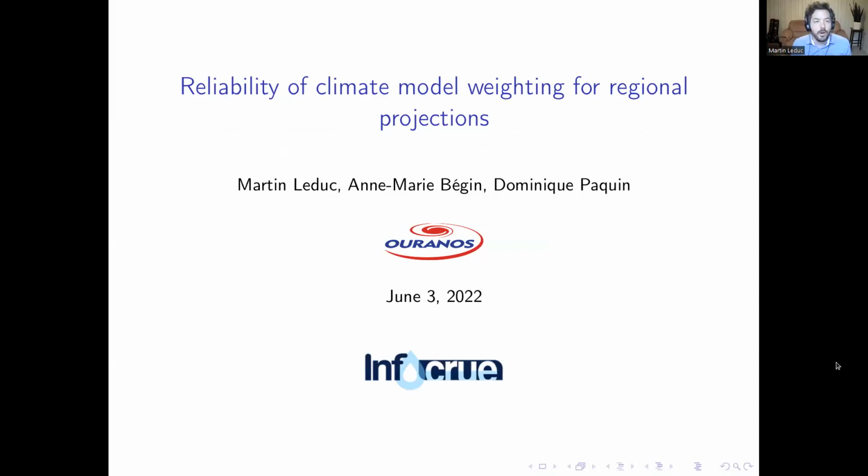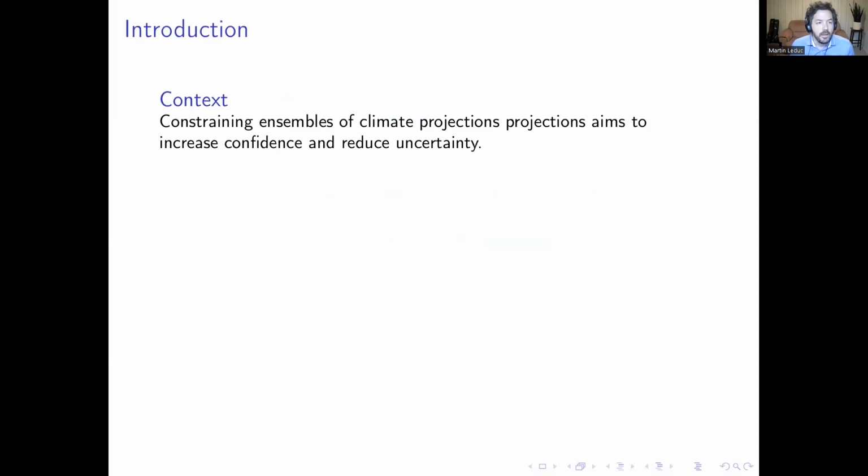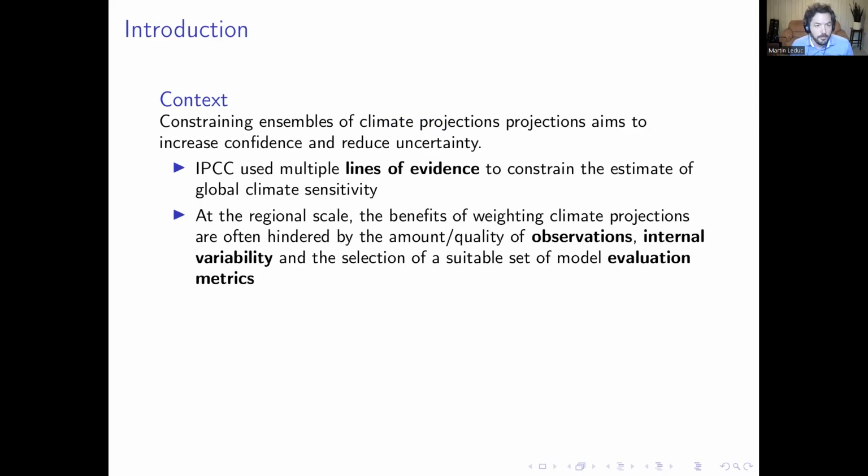Okay, hello everyone. I changed the title of my presentation a bit because I would like to focus more on the way to get to constraints on projections, like how the calculation of regional weights is affected by different factors such as internal variability and the selection of the evaluation metrics for the models. A bit of context: constraining ensembles of climate change projections aims to increase our confidence and so reduce uncertainty.